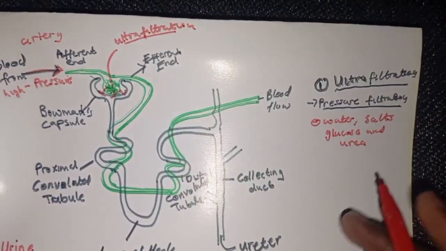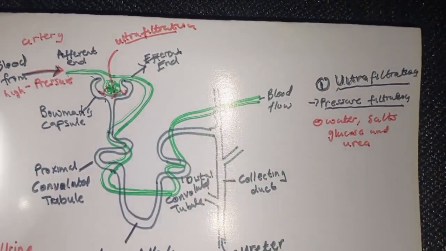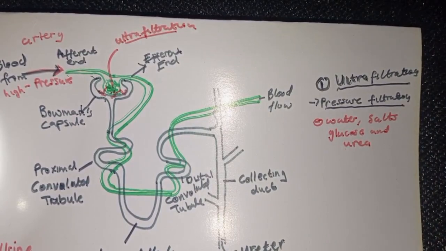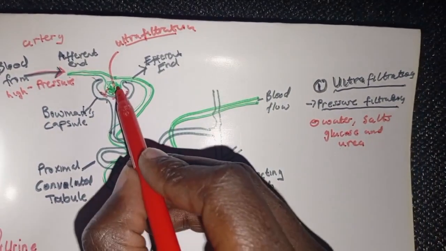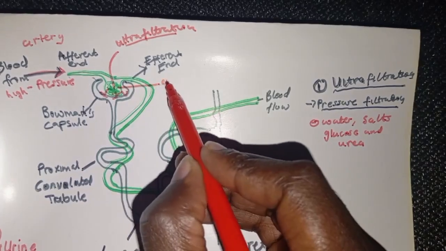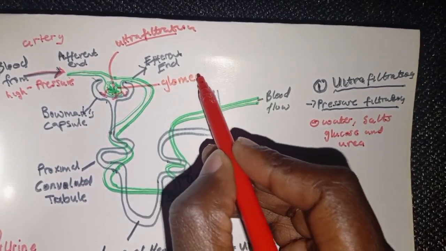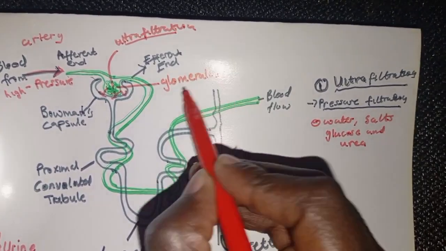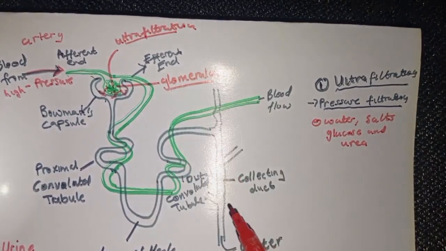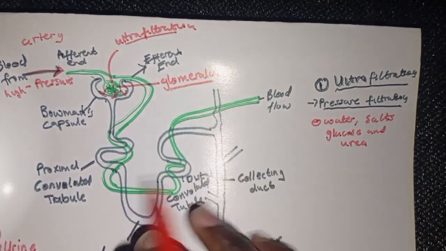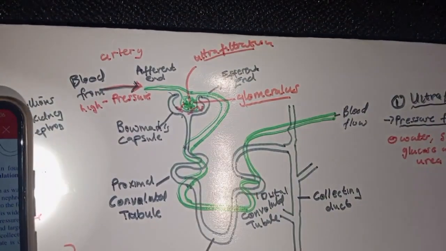So this is the filtration of small molecules such as water, glucose, as well as what? Urea, from the glomerulus. So this green part here, I forgot to name it, is the glomerulus. Okay, so these things now will come out of the glomerulus.